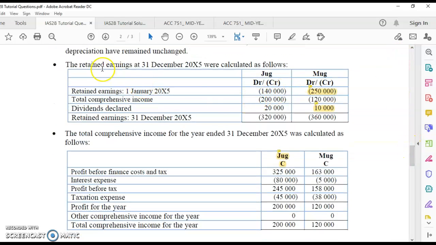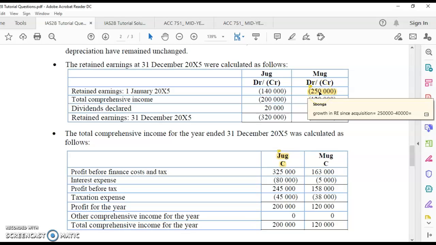And then we're given how the retained earnings balance at 31st of December 20x5 is arrived at. So the opening balance for the current year is given as 250.